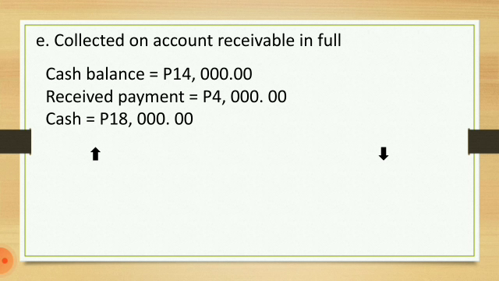In analyzing that, value received and value parted with, what did you receive? You received cash of 4,000 pesos. Going back, you already have a balance of 14,000 pesos because you paid the rent expense of 1,000. And then you received a payment of 4,000 from your customer. So what happened to your cash balance? It becomes 18,000.